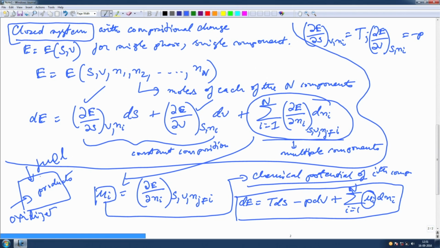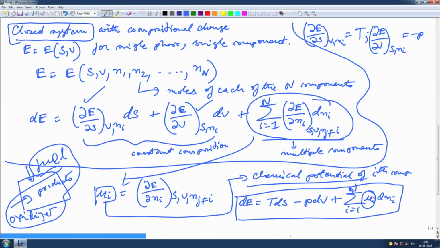So, this is a perfect example of a multi-component system, because you have fuel, you have the oxidizer which is normally air, and you have the products like water, CO2, CO, oxides of nitrogen, etc.